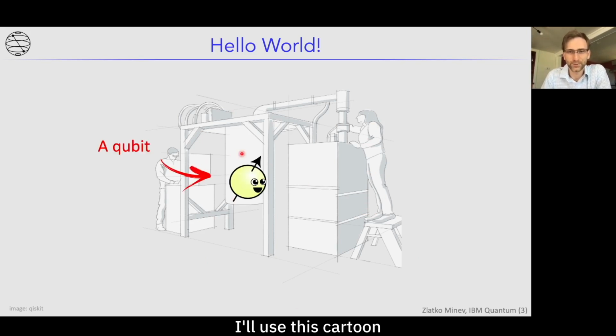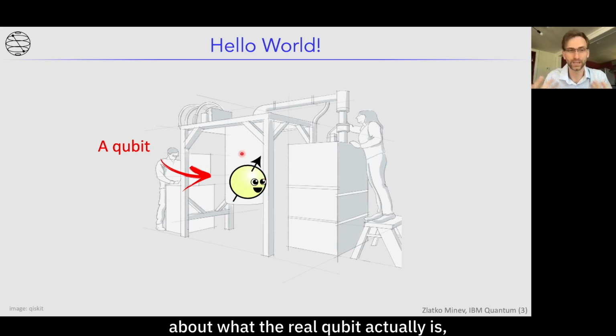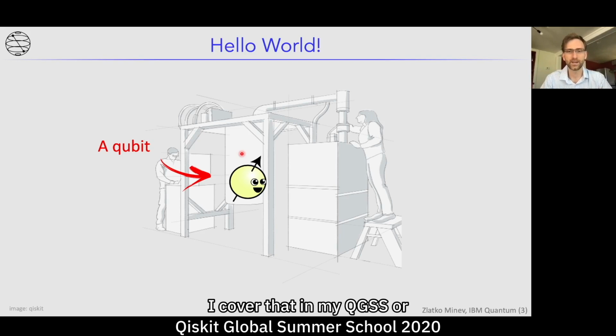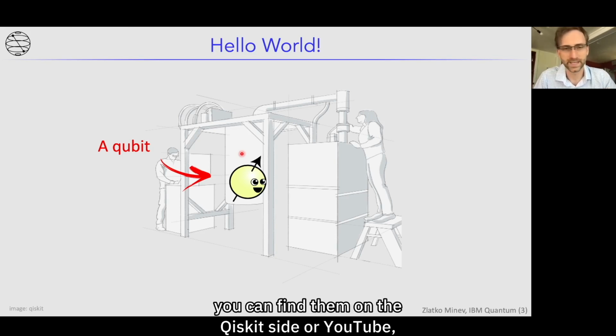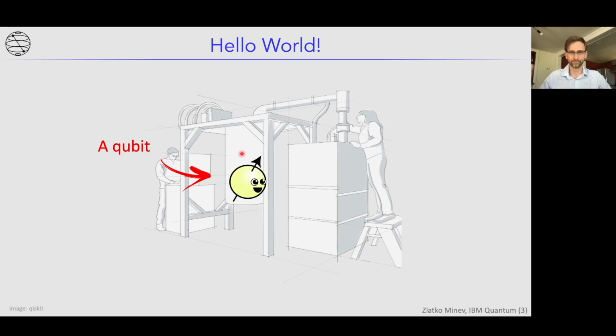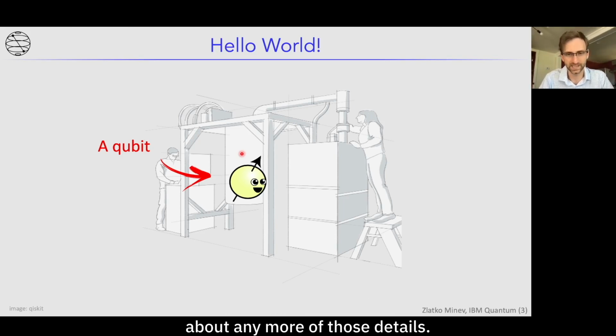I'll use this cartoon to depict how much we're going to abstract away about what the real qubit actually is, how it's made, and so on. I cover that in my Qiskit Global Summer School 2020 lectures. So if you want more depth, you can find them on the Qiskit site or YouTube. And amazingly, for the rest of this lecture, we don't really need to worry about any more of those details.